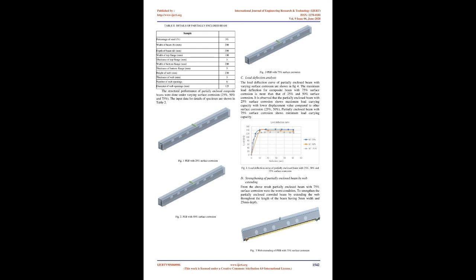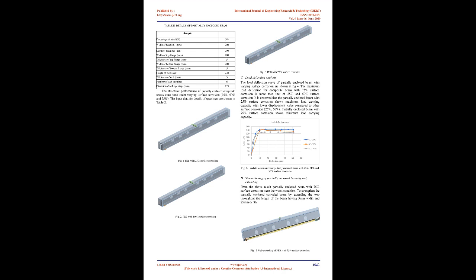Load deflection analysis. The load deflection curve of partially enclosed beam with varying surface corrosion are shown in Fig. 4. The maximum load deflection for composite beam with 75% surface corrosion is more than that of 25% and 50% surface corrosion.